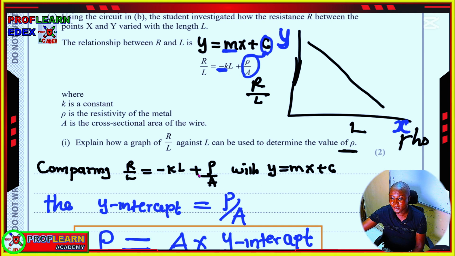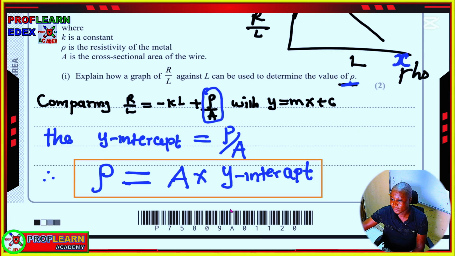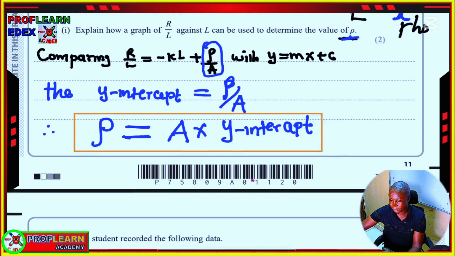Since they are asking how you can use the graph, you read the y-intercept and say it is equal to rho over A. So we can say rho is equal to A times the intercept, because if you multiply both sides by A, you remain with rho. Rho can be calculated from the cross-section area times the intercept.